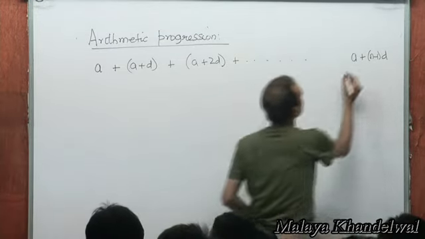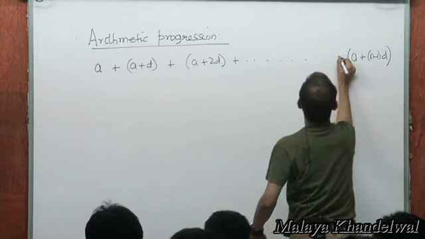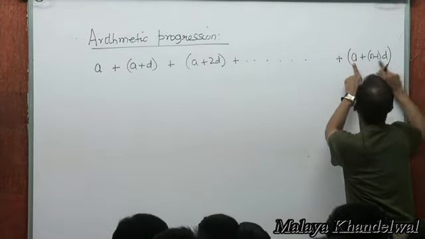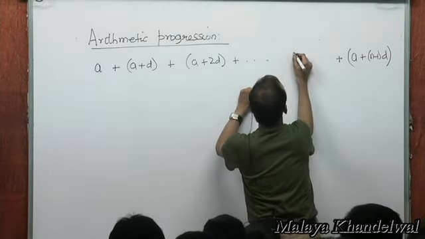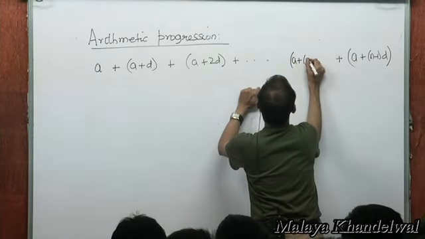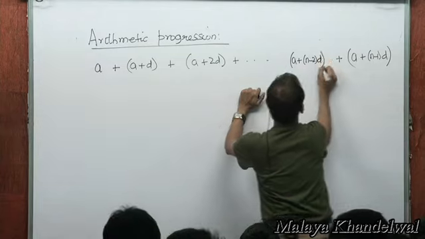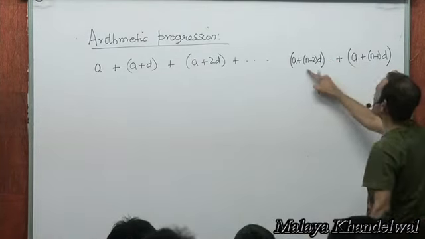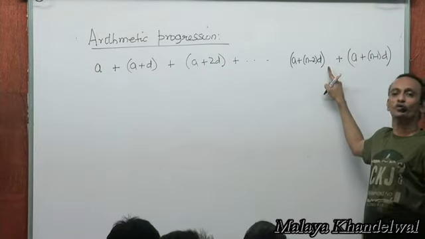So the term prior to this would be D less than this. So the term prior to this, do you realize, is going to be A plus n minus 2 into D. This minus D is A plus n minus 2 into D, yes or no?